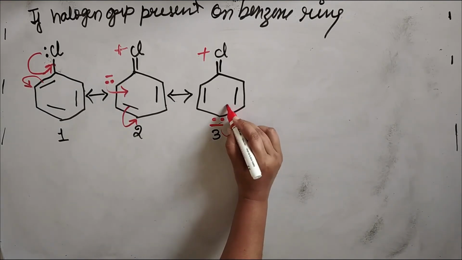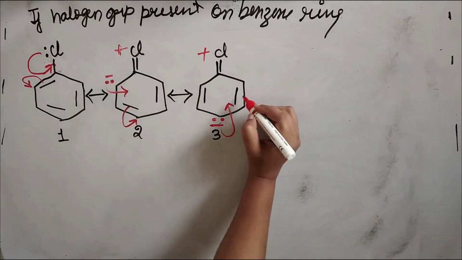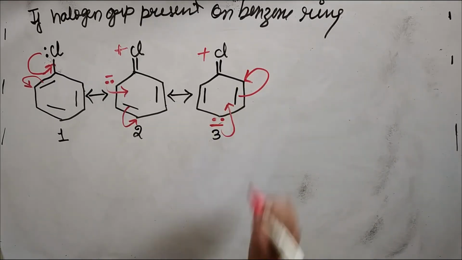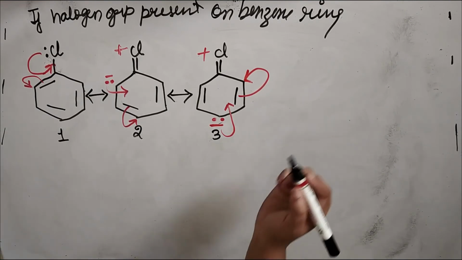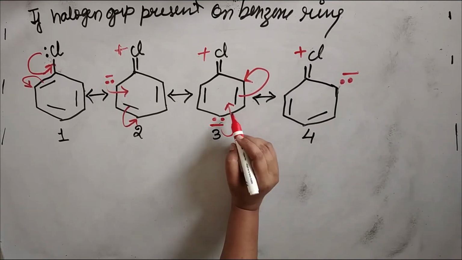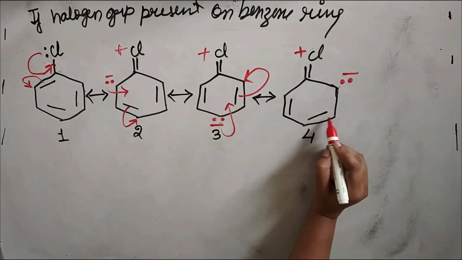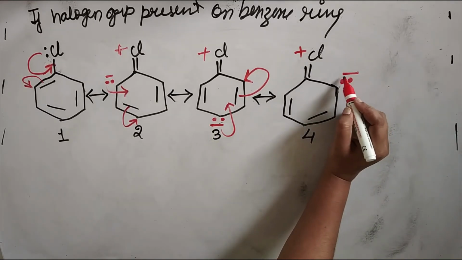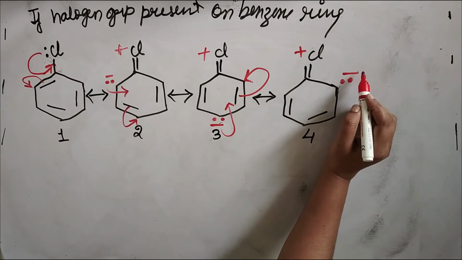Now again, due to resonance, these electrons will move inside the ring and this bond will break and it will go to the ortho position. So let's see the fourth structure. This is the fourth structure, where you can see the electrons move inside the ring and a double bond is formed, and here the electrons are present at the ortho position.